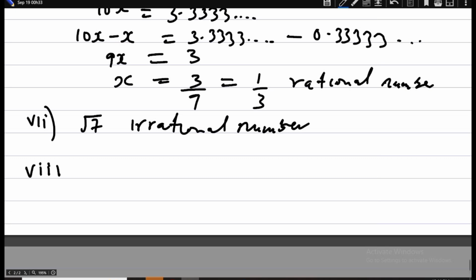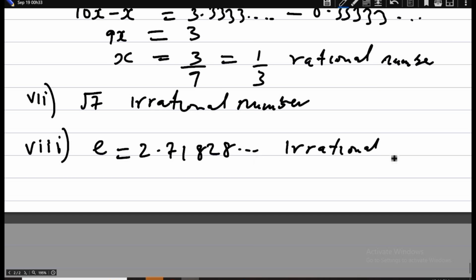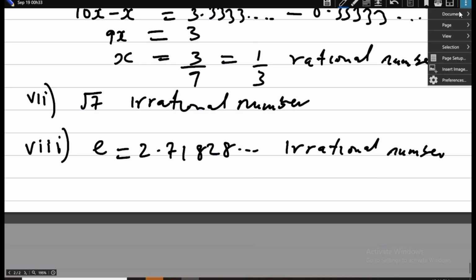For question number VIII, they give us e, exponential, and the exponential is equal to 2.71828 that continues that way. So exponential is an irrational number as well. You can watch my full video on types of numbers.